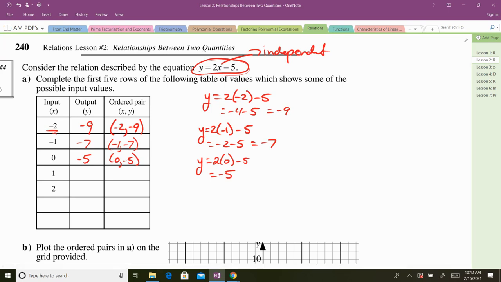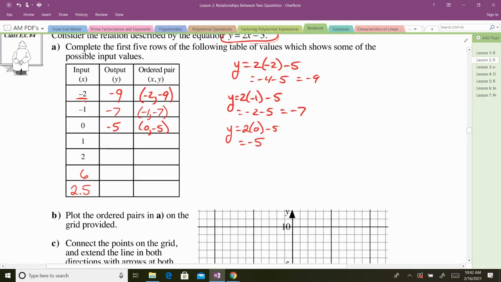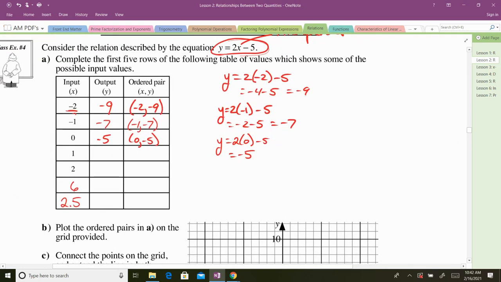And then I want you to complete the table with these numbers: 1, 2, 6, and 2.5. Finish the table doing exactly what we just did. Just put the x value in the left column into the equation, and spit out the y value. You can use a calculator.